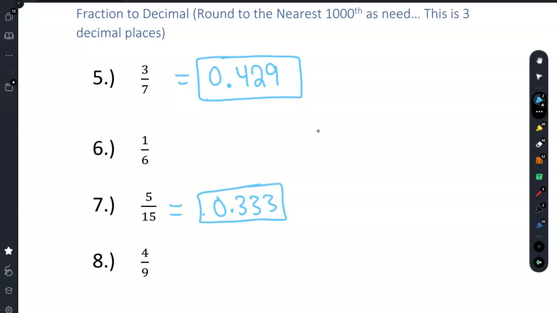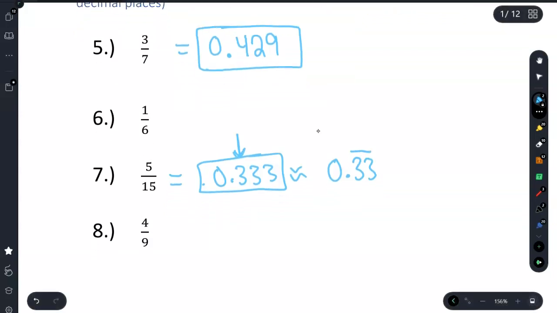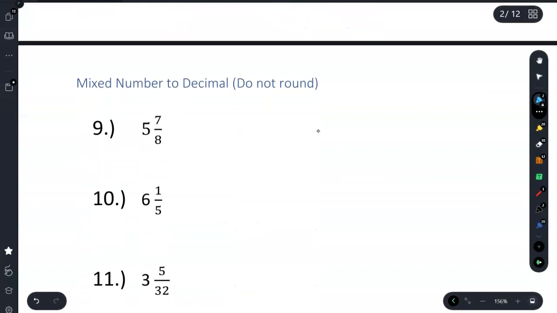Another way that you may write a decimal that repeats itself would maybe be 0.33 with a bar over the 3's. That lets you know that those 3's are repeating forever. But since I'm asking you to round this one, give me the rounded answer. And number 8 should be very similar to that.